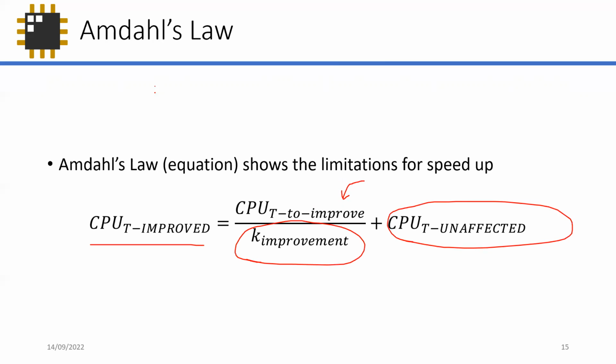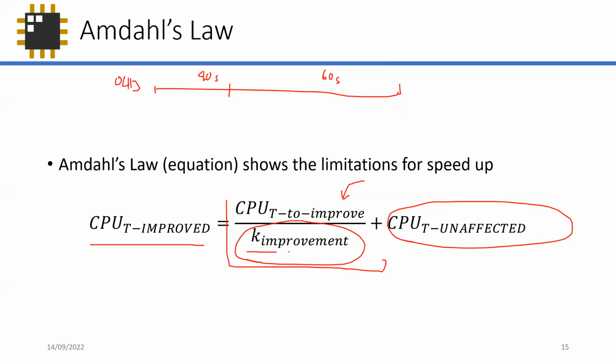In our scenario earlier, we had that 40 seconds here and the 60 seconds, right? For the old version, sorry. So how much time is improved will be, okay, this component here refers to the time that needs to be improved. Okay, so it's this 40 seconds, right?